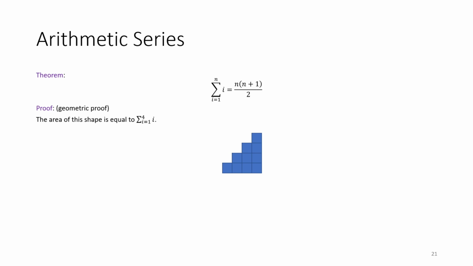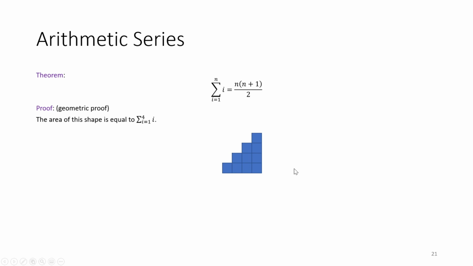Okay, so the first thing I want you to do is just take a look at this shape I've drawn here, and you'll notice that the area of this shape, if each square has area 1, is the area of 1 plus 2 plus 3 plus 4, because we have 4 different towers, if you want, 1, 2, 3, 4, or levels 1, 2, 3, 4.